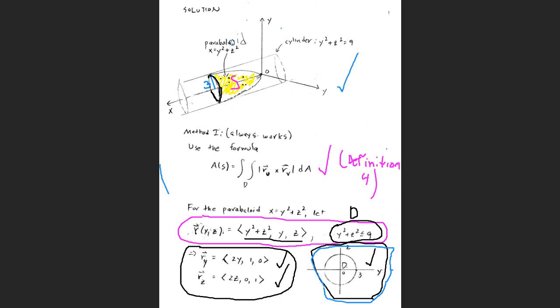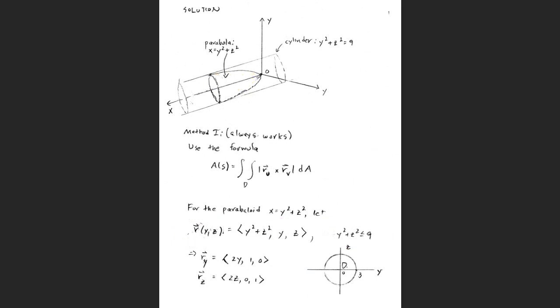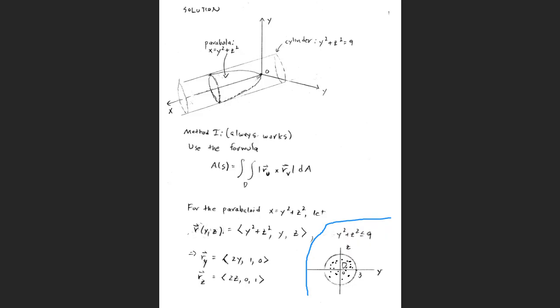Okay, so based on that circle there, what's the radius? For that domain D, any point inside domain D would have a radius that falls between what? We need to get limits for a double integral.